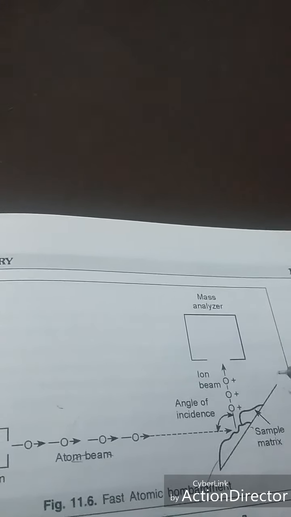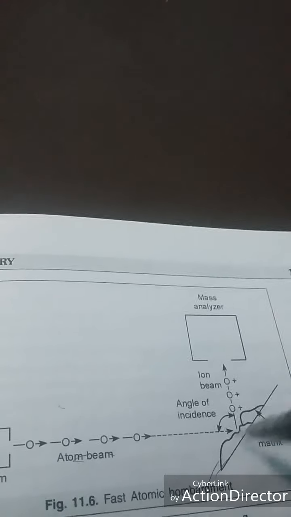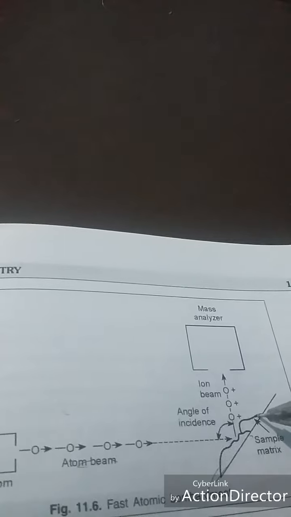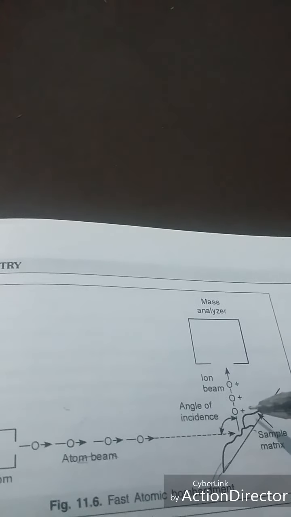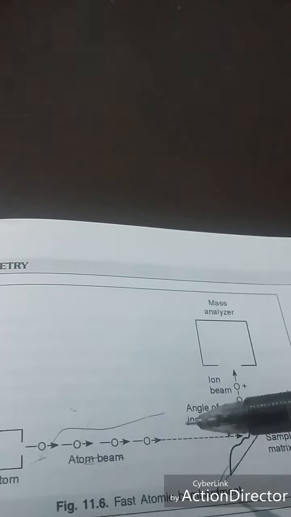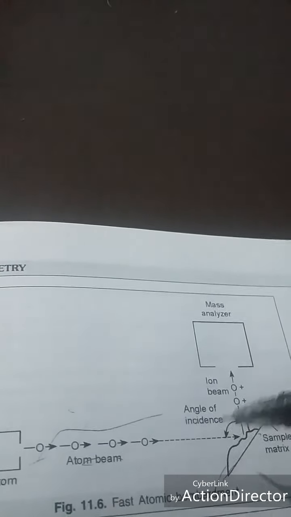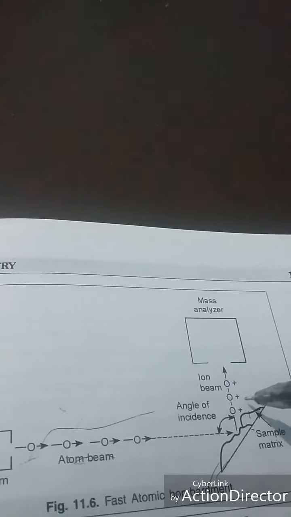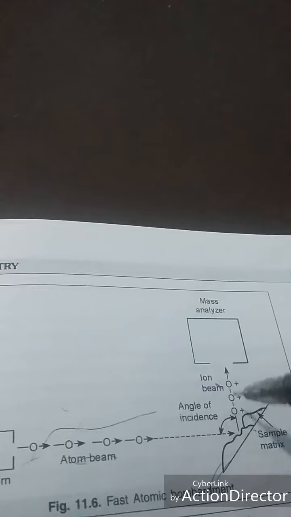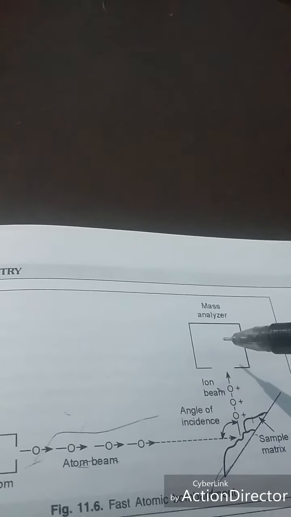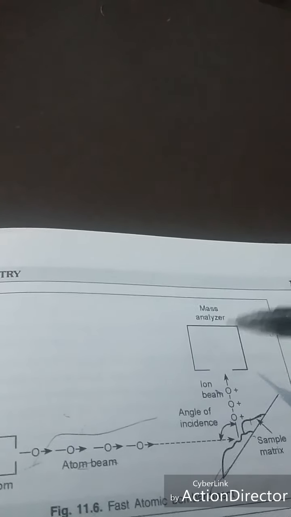You can see here, this is the metal sheet on which you are placing the sample matrix, and ionization is achieved by a high-energy beam of xenon atoms. So the target is bombarded with a fast atomic beam that will desorb the ions, and fragmentation will occur. You can see here the ion beams with these fragmented particles, and then it will go to the mass analyzer.